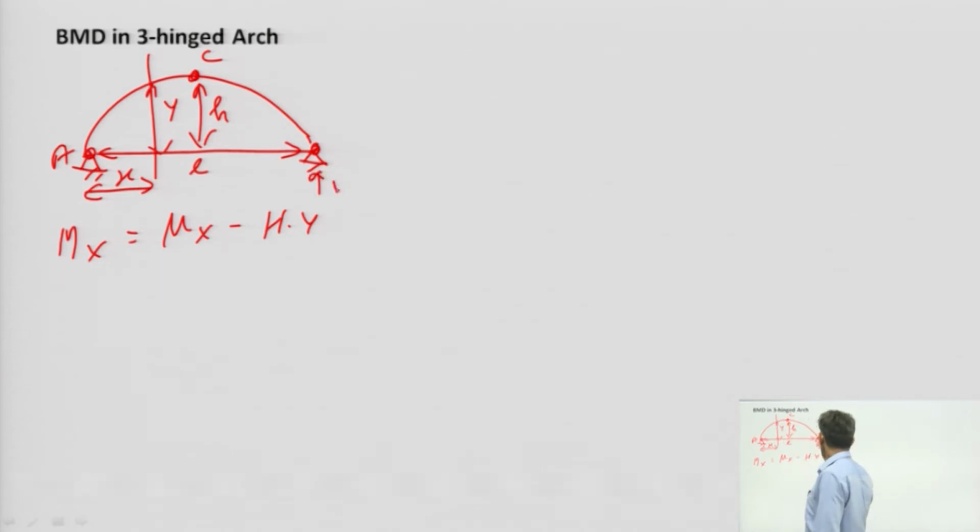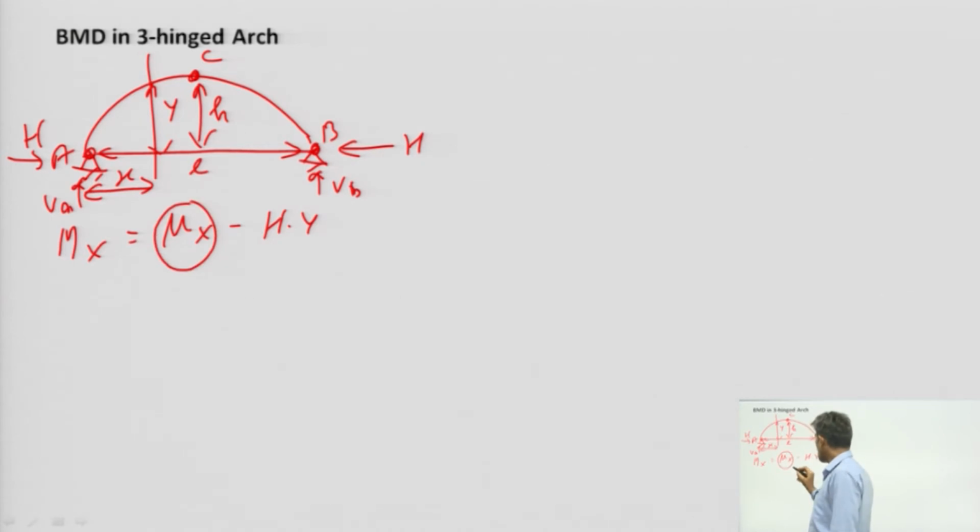These are the vertical reactions V A and V B, and the horizontal thrust h. So, mu x is the beam moment.